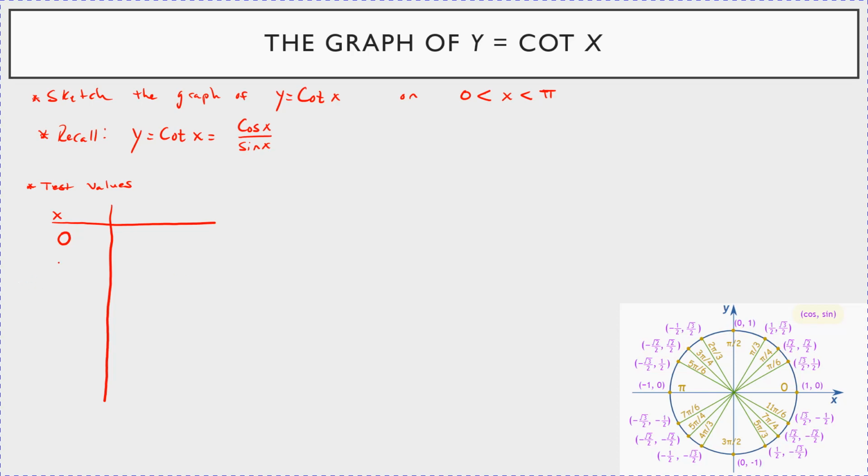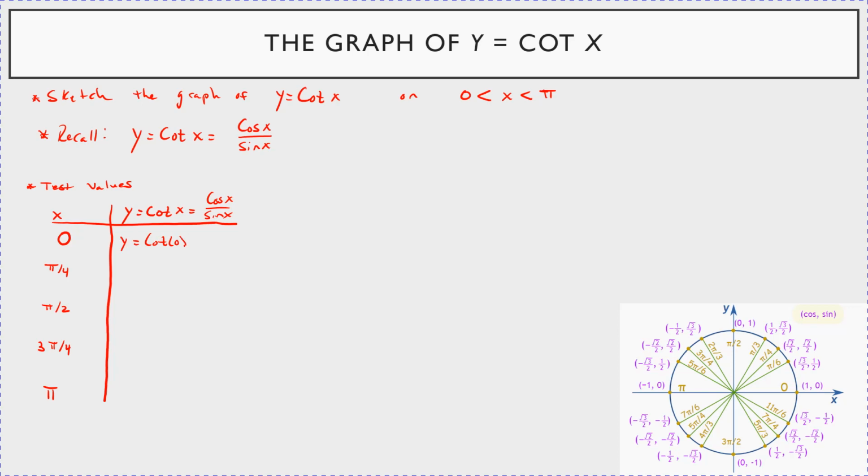And I'm also going to pick pi, even though I want to graph it less than pi, to show you what happens. So y is equal to cotangent of x, which is the same thing as cosine of x over sine of x.